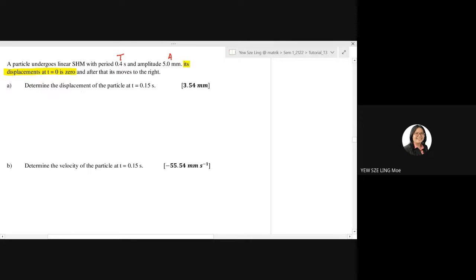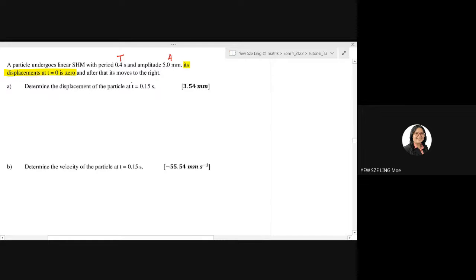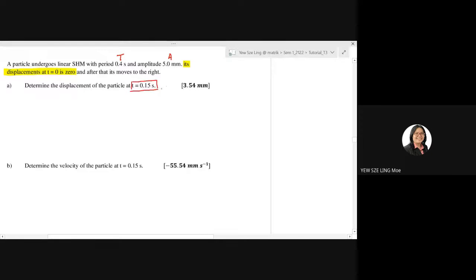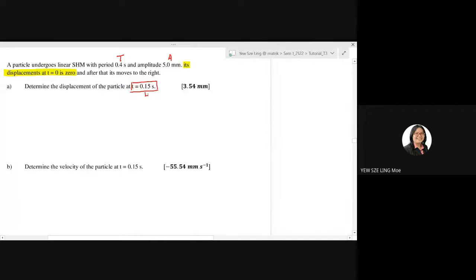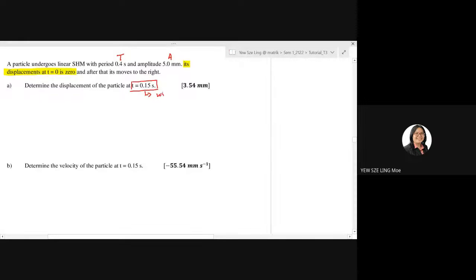And after that, it moved to the right. The right-hand side is always positive in our oscillation. So A: determine the displacement of the particle at time t equals 0.15 second. Now you're given time, what does it mean? It means you need equations with time.